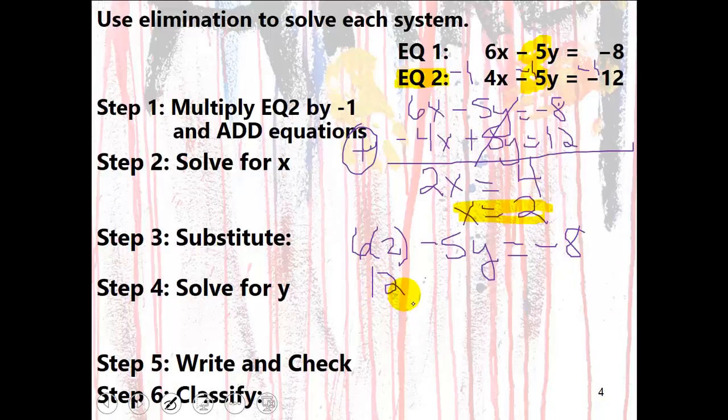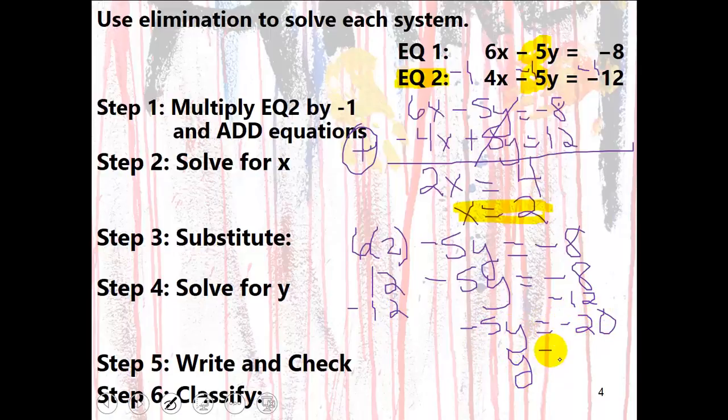So I get 12 minus 5y equals negative 8. I'm going to subtract 12 from both sides, and I get negative 5y equals negative 20. And then I get y is equal to 4. So I get the ordered pair 2, 4.